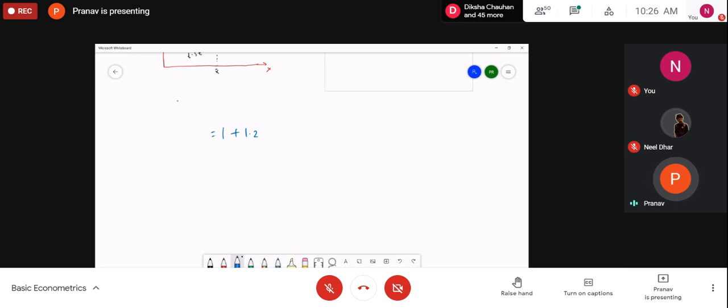Okay, so let me write it as y hat equals 1 plus 1.2 times x. So this is the sample regression function that you have got. Correct? Yes, sir.